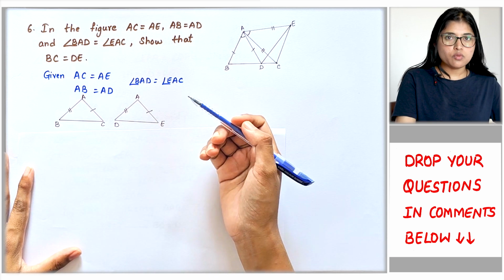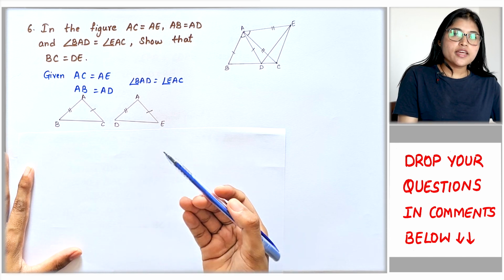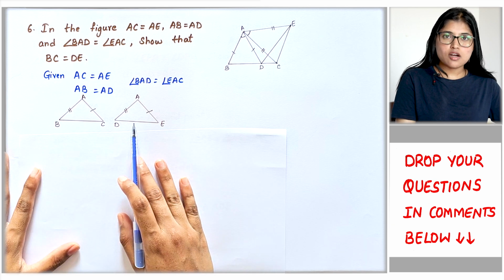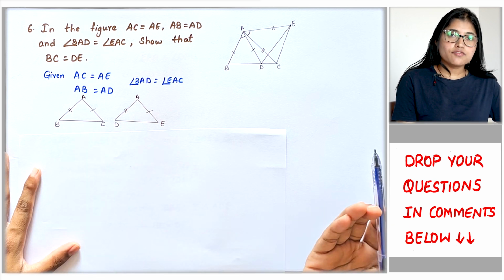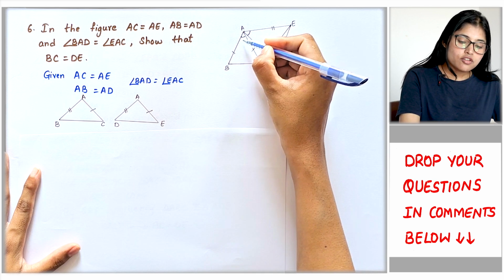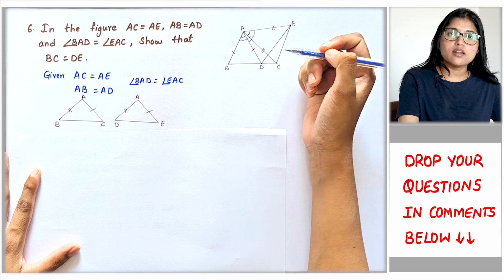So upon drawing these two triangles, I can see that ABC and ADE are these two triangles and these two corresponding sides are equal. Now I can show that BC and DE are equal if I can prove that these two triangles are congruent. In order to prove that, what is the other information I have? That these two angles are equal. But I need to show that this angle over here and this angle over here are equal. How to do that?